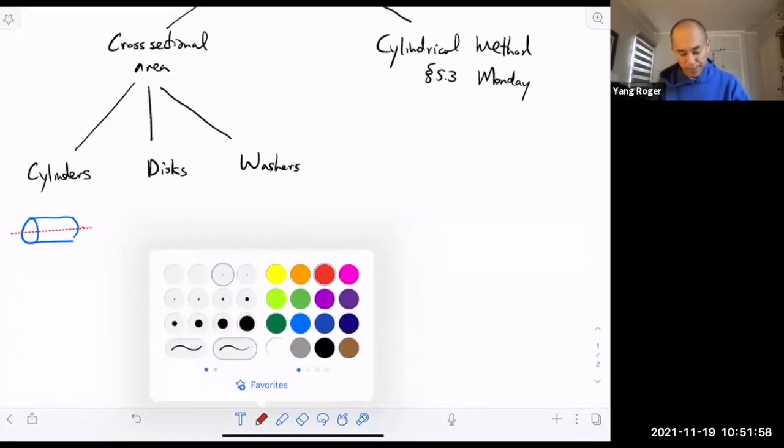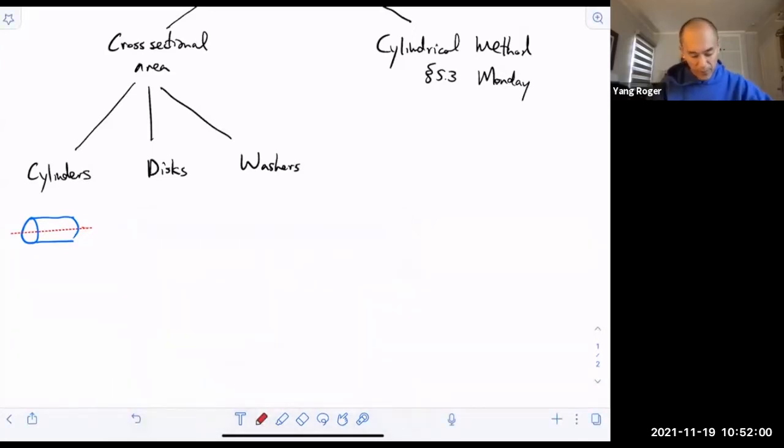So we cut up perpendicular to this axis. And when you do that, you're going to get these circular discs like this.